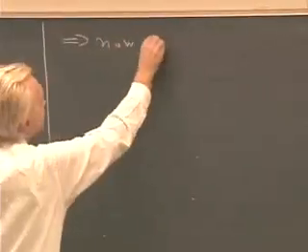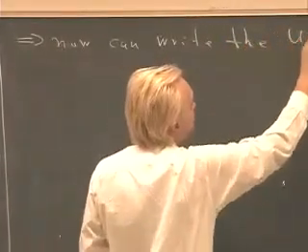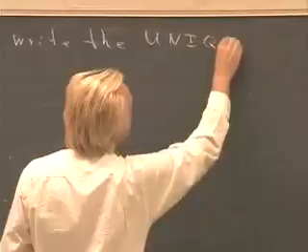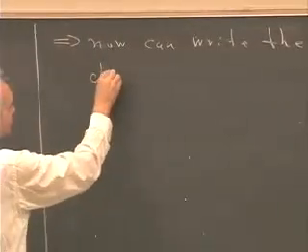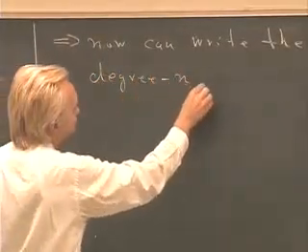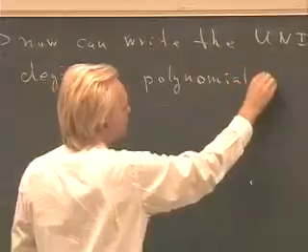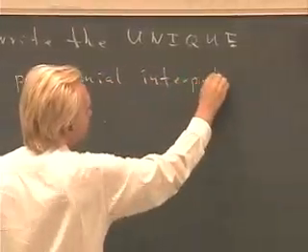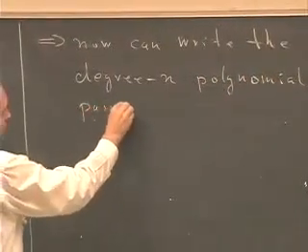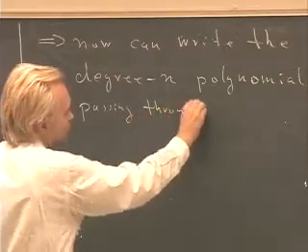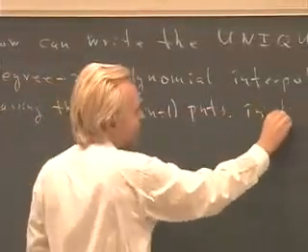Now I can write the unique degree n polynomial interpolant passing through n plus 1 points, P and Ts in this way.